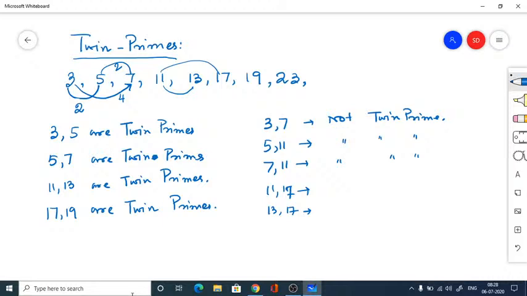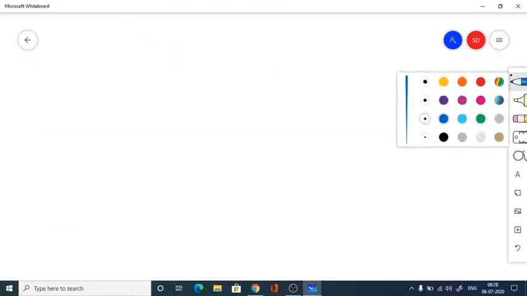Now we will start exercise 4.1. Question number 1 and 2 I will discuss and send to you.